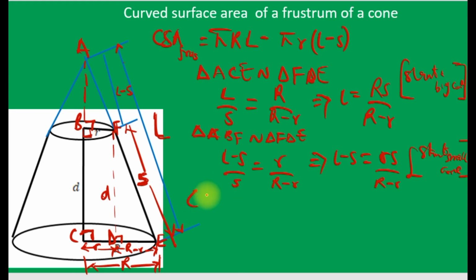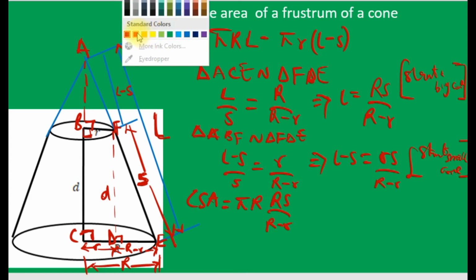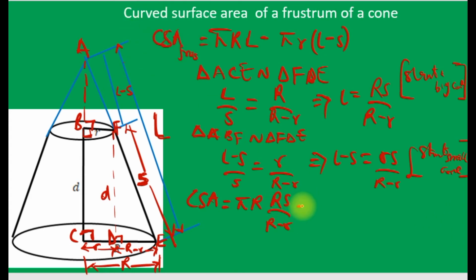Therefore our curved surface area is now pi R, where L is now R X over R minus r, minus pi r, small r X over R minus r. You notice they have a common term, X over R minus r, so we'll factor that.